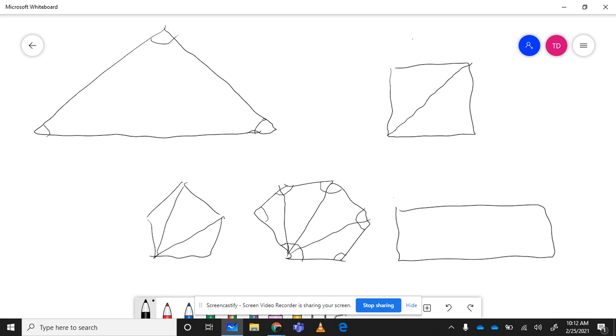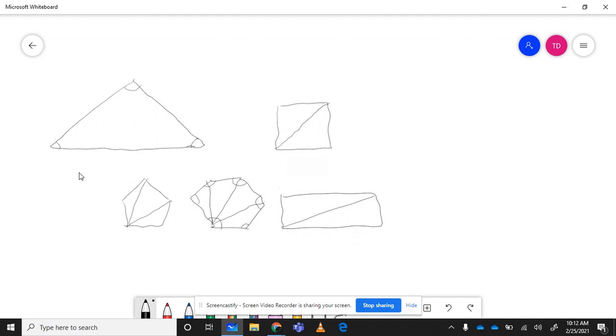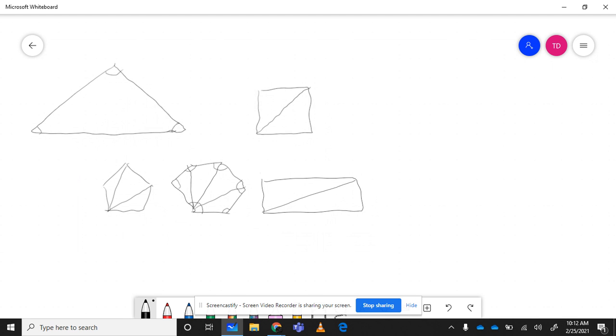With a square or a rectangle, we're going to end up with two triangles. If you compare the number of triangles we can make to the number of sides we start with, it's always two less. So if you take the number of sides and you take away 2, you get the number of triangles you can make.